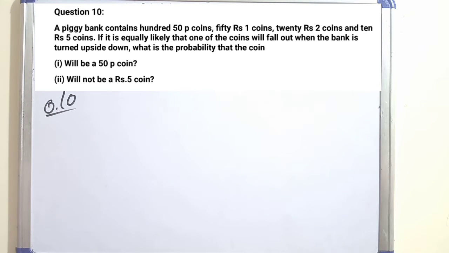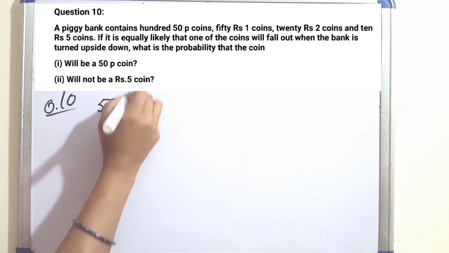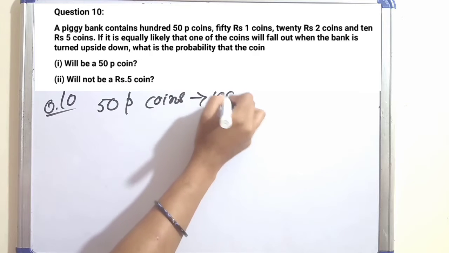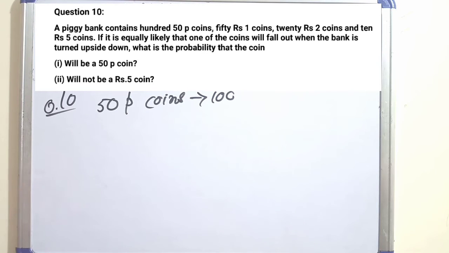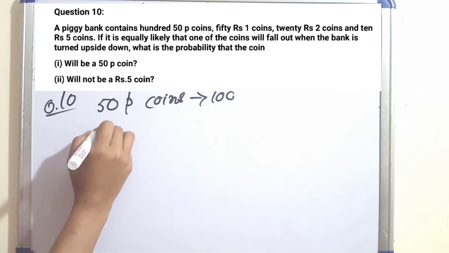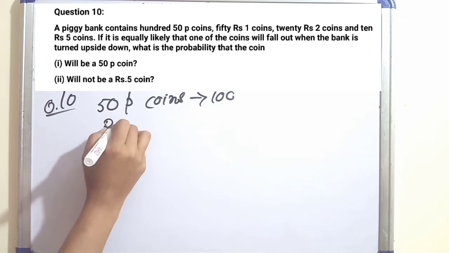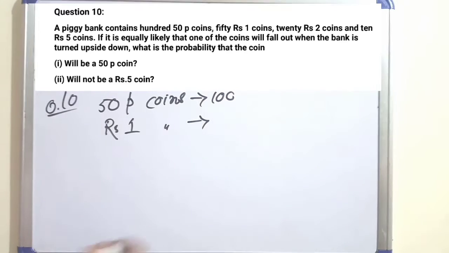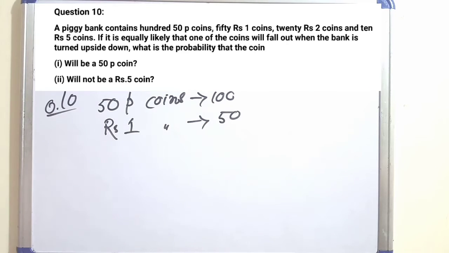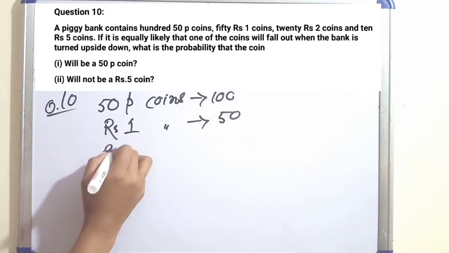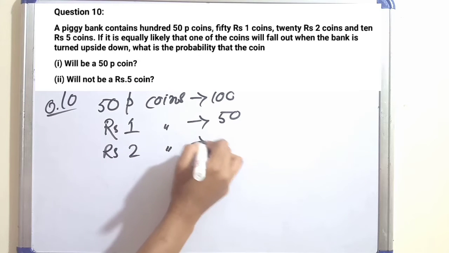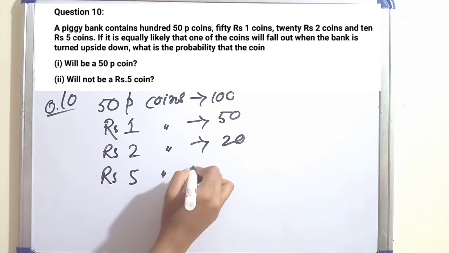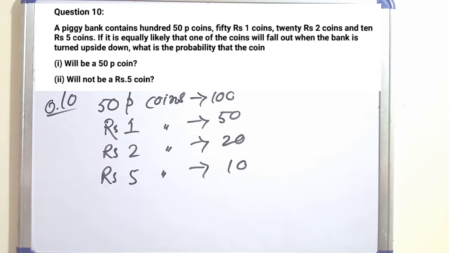So here given that 50 paise coins, 100; one rupee coins, 50; two rupee coins, 20; and 5 rupee coins only 10.